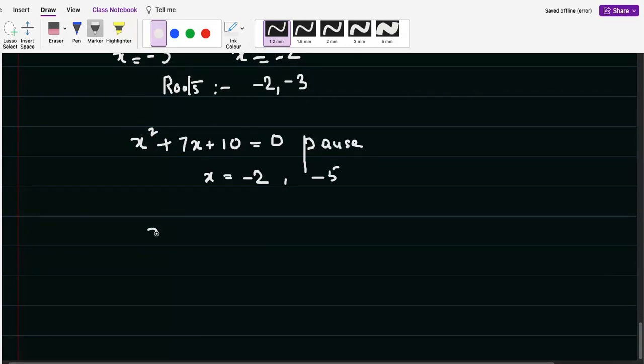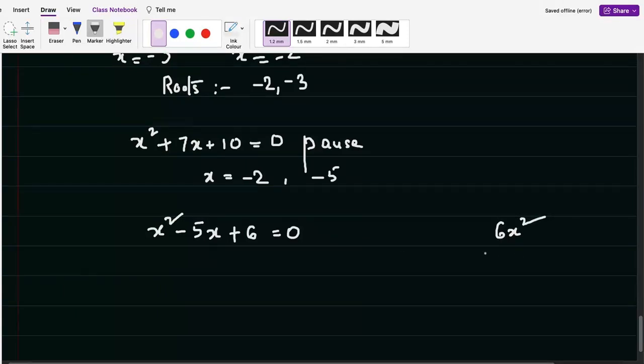x square minus 5x plus 6 equals 0. You need to multiply 6 in first and third term, that is 6x square, and you need to split 5x in such a way that you should get 6x square.